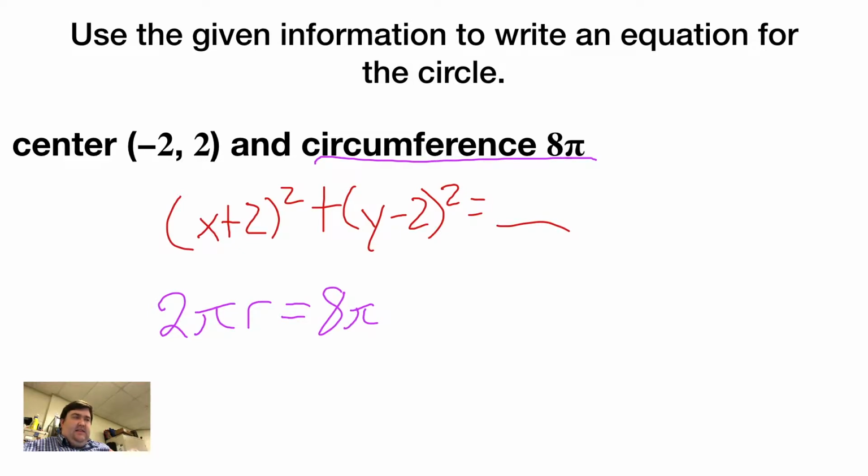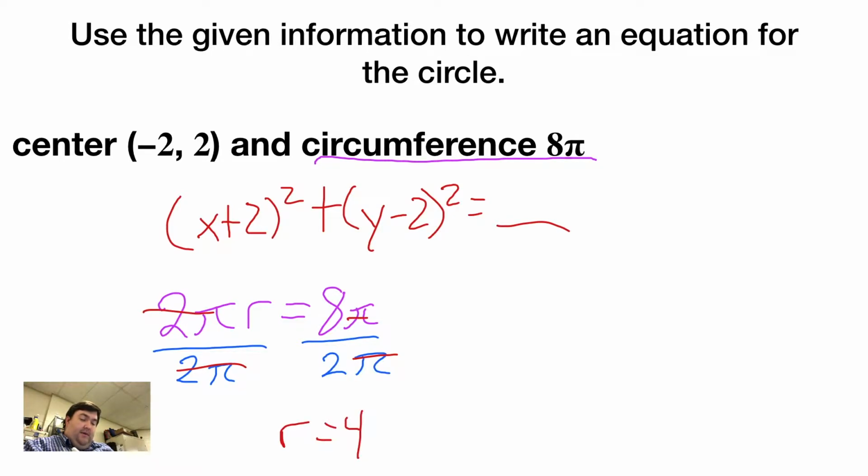So what I'm needing in this case is r, so that I can then square it. So what I would do, and what I think any of us would naturally do, is just divide both sides by 2 pi. Now, 2 pi cancels out on the left side, and over here on the right, the pi's cancel out, and 8 over 2 means that r is 4. So that means r squared is 16, which I put up here to be equals 16, and that is our equation.